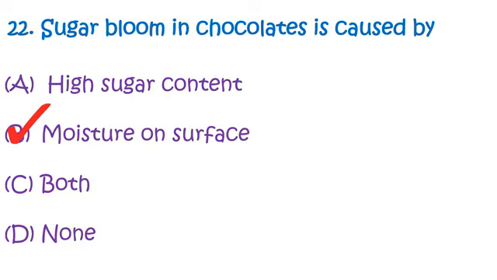This will give a cottonish white appearance to the chocolate, which can be mistaken for mold growth. So sugar bloom has to be avoided by maintaining proper humidity and refrigeration conditions in chocolate storage.